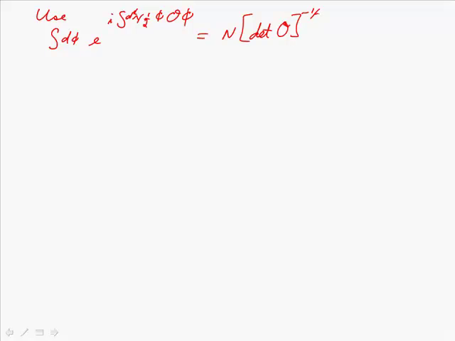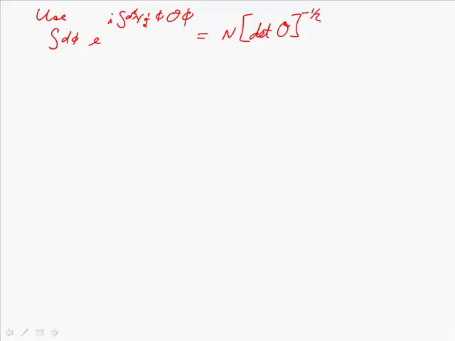But here, I'm going to use that the integral d phi, well, the basic formula that we have is e to the i integral d4x 1/2 phi O phi equals some number times the determinant of O to the minus a half.